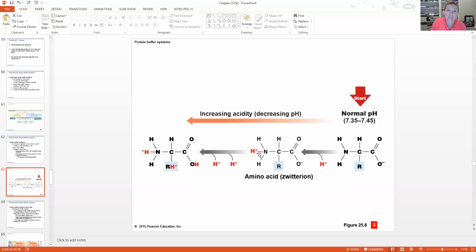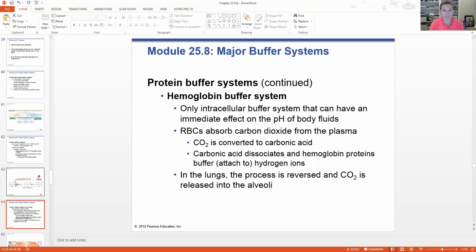And if there's lots and lots of hydrogen ions in the solution, well, guess what? All of these parts can absorb extra hydrogen ions. So you can have your amino group absorbing an extra hydrogen ion, your carboxyl group absorbing an extra hydrogen ion, as well as your R group. So very functional inside and outside of the cells.